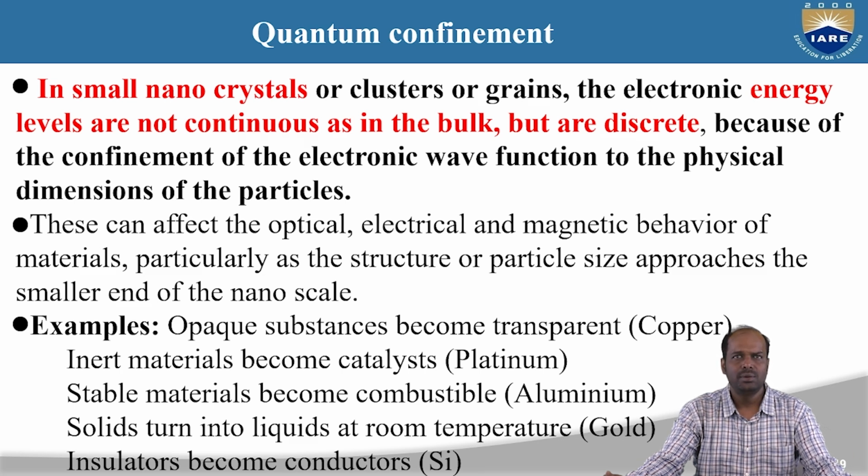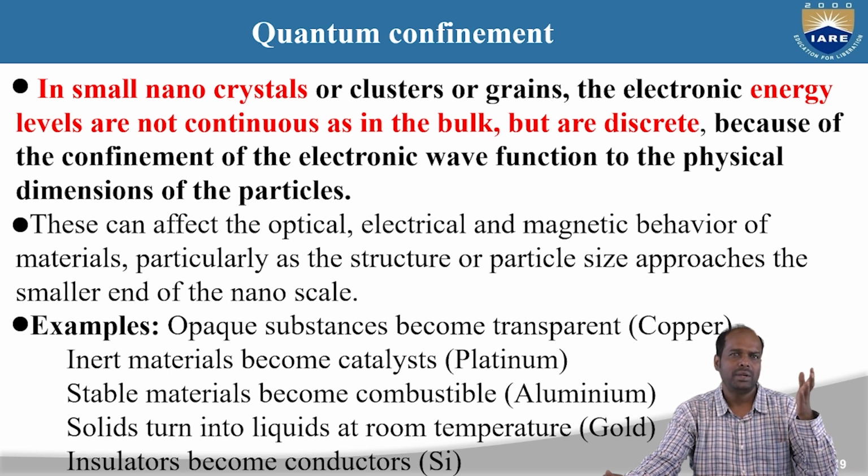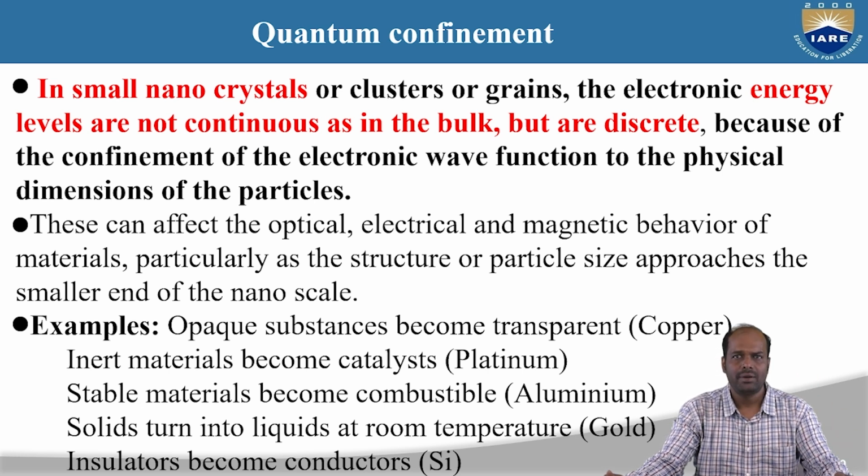The major examples of quantum confinement are: an opaque substance becoming transparent, like copper. Inert materials becoming catalysts. What is the best catalytic material?